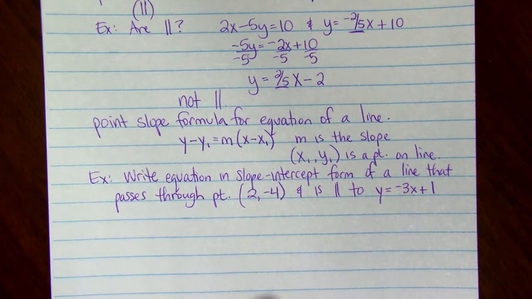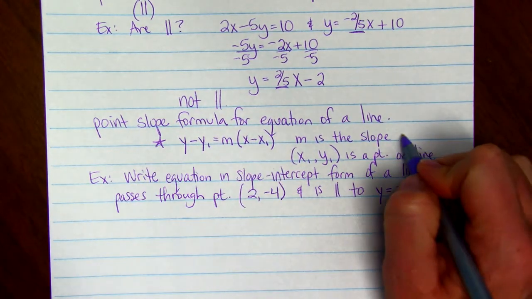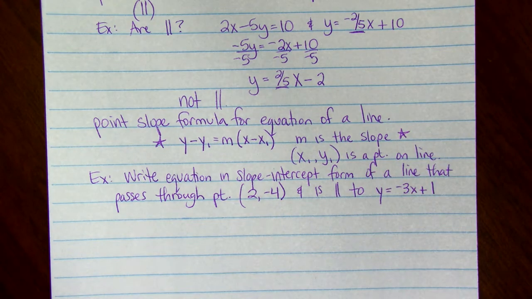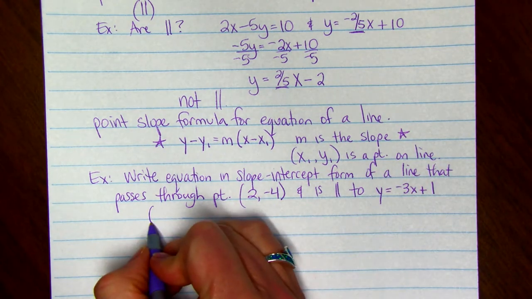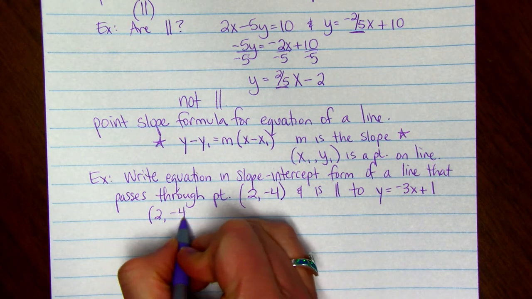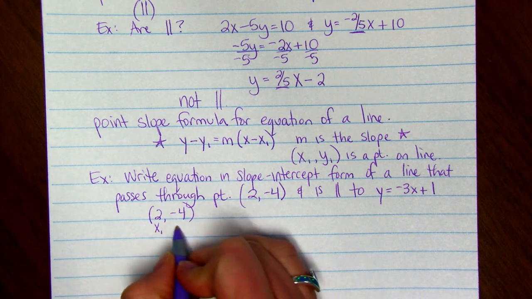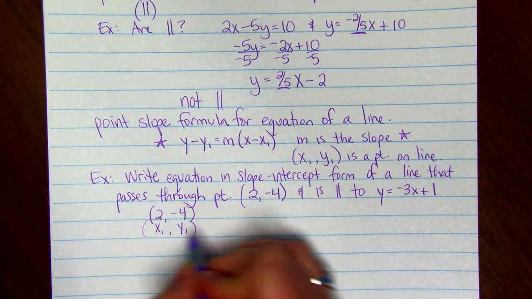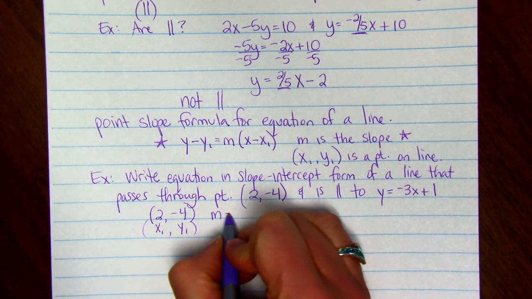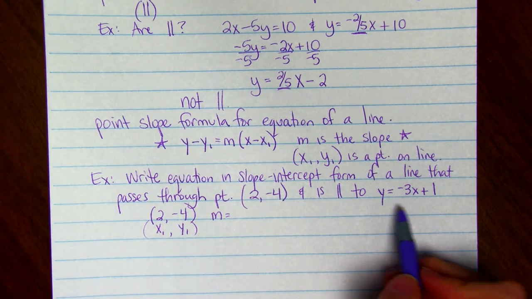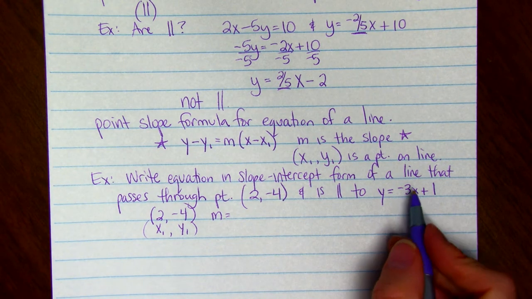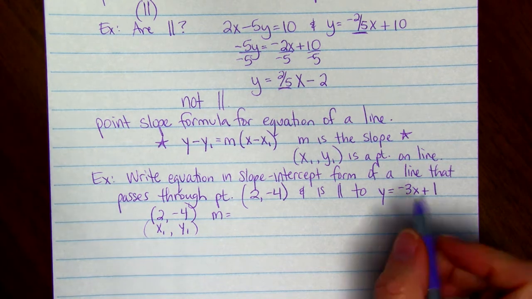So we want to use our point slope formula. We need a point, which is 2, negative 4. This is going to be our x sub 1, y sub 1. That's a point on the line. We need the slope from the equation of the line that's given, because we want it to be parallel to this line.